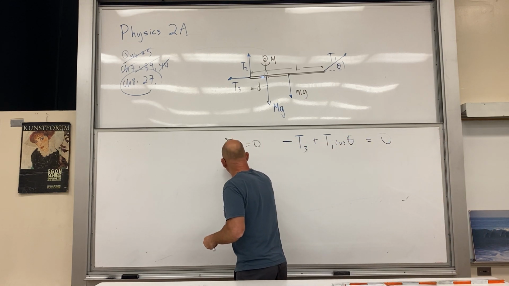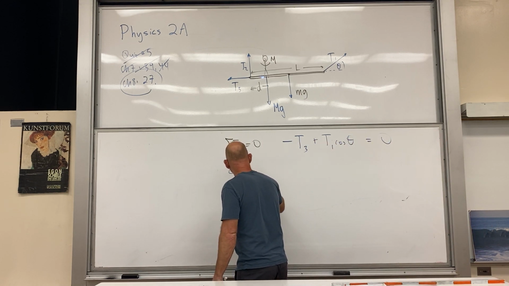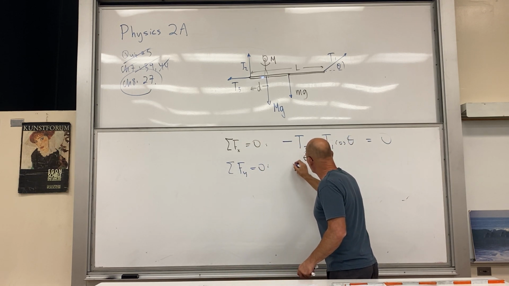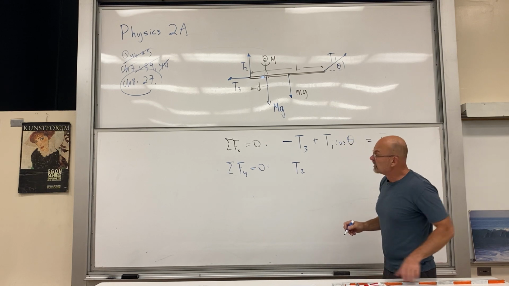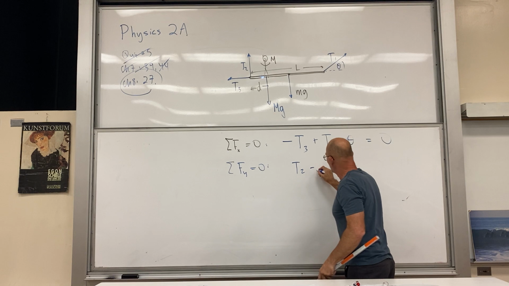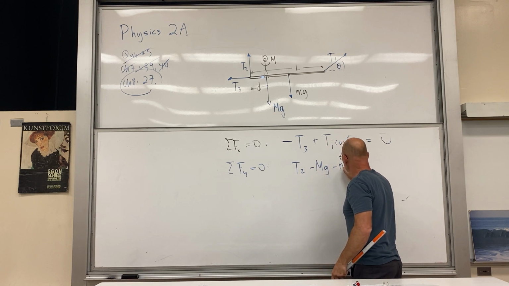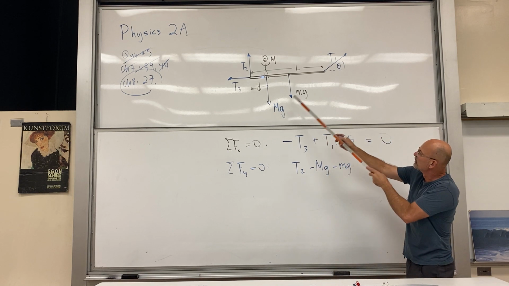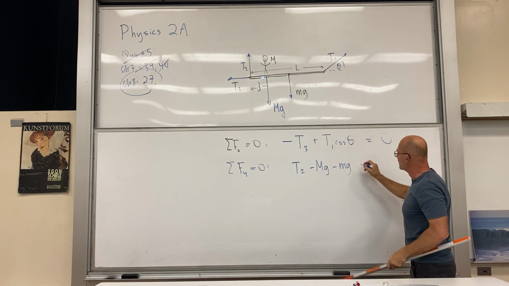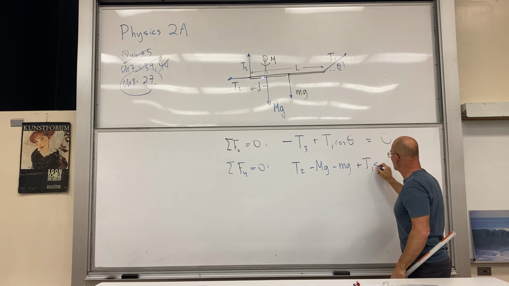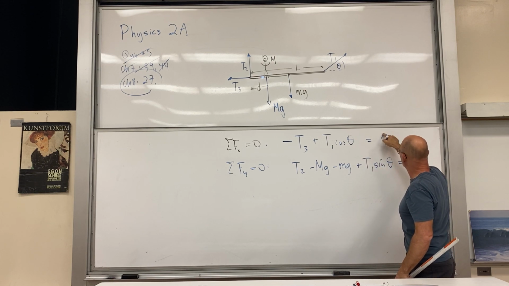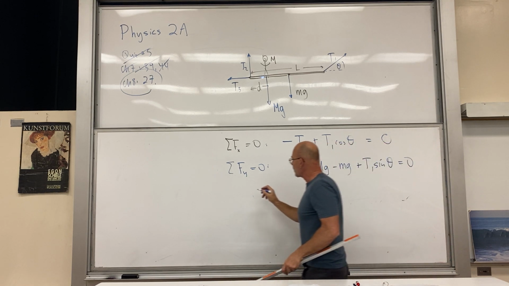Then for the sum of forces in y direction, we are going to have T2 pointing up, minus Mg pointing down, minus lowercase mg pointing down. It's two vectors pointing down. And then we have the vertical component of T1, plus T1 sine theta equals 0. It's a 0 here too. And then we have the torque equation.